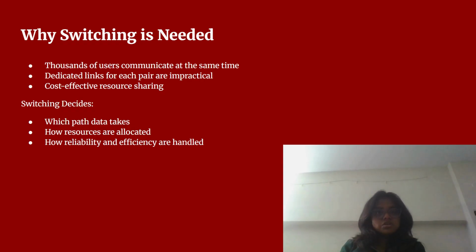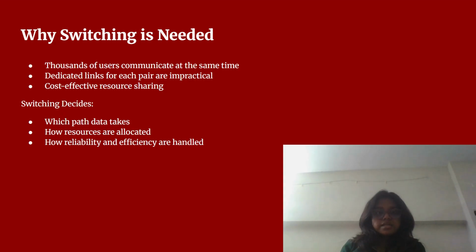Let's begin with circuit switching. When you look at the circuit switching diagram, notice how structured it is. You see senders on one side, receivers on the other, circuit switches in between. When communication begins, the network does not send data immediately. Instead, switches cooperate to create a single continuous path from source to destination.